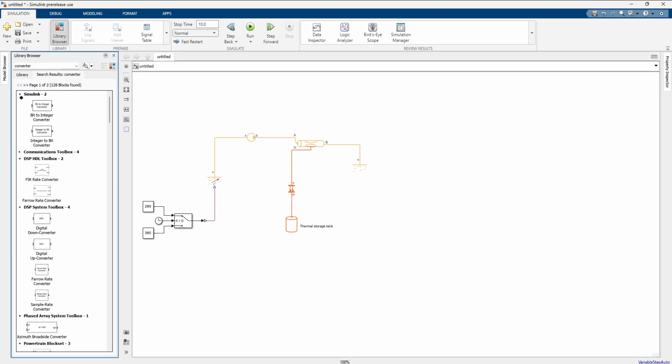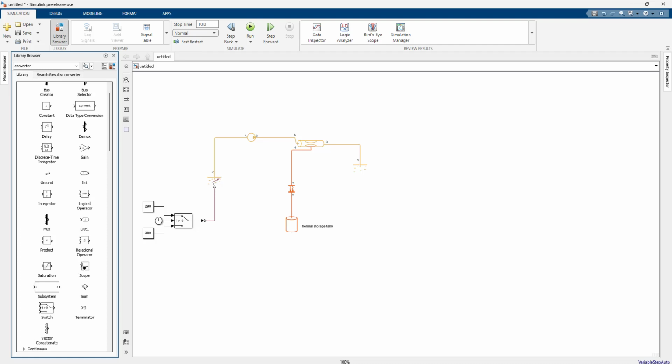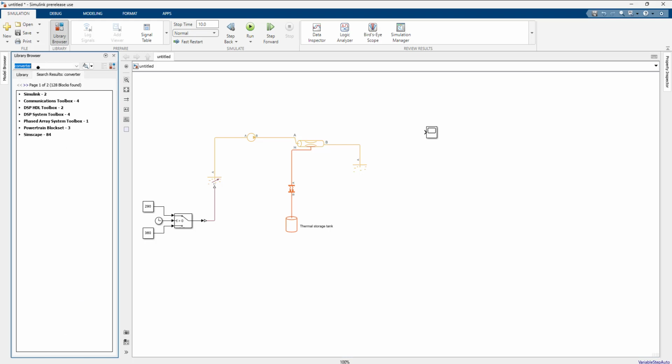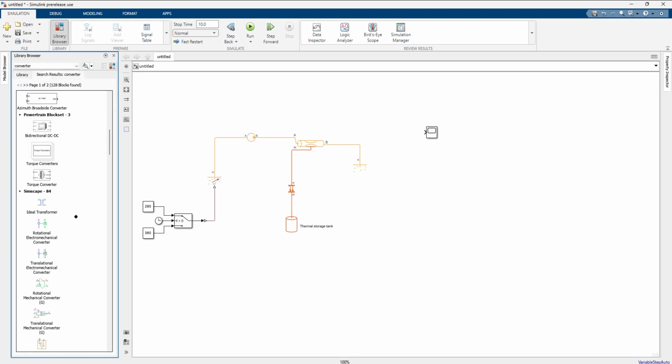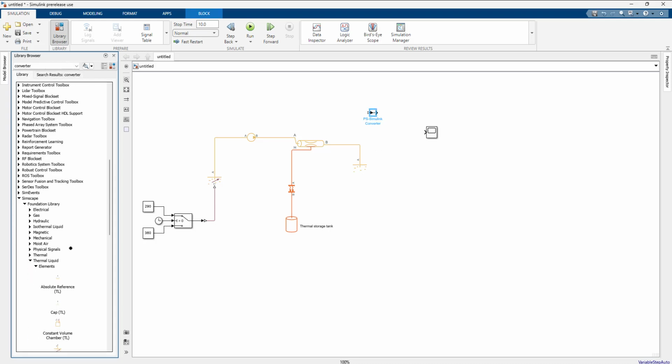Okay, and after that, I also need a scope, and also another converter here. That's it. Okay, so again, go to the Simscape thermal sensor.